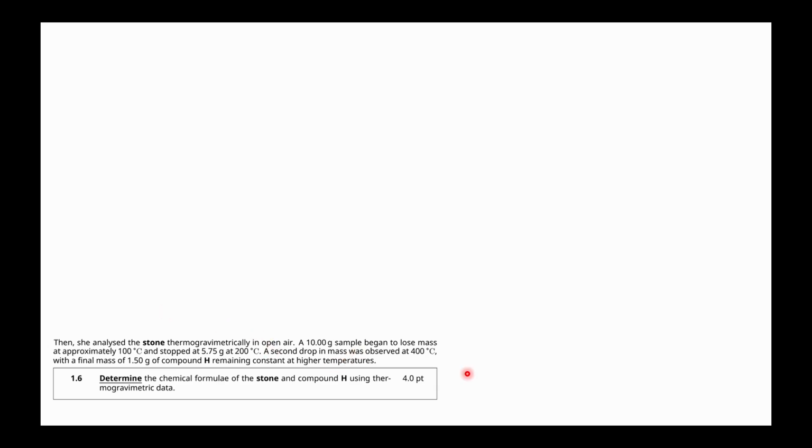A 10-gram sample, well, this time they gave you the mass, quite nice, began to lose mass at approximately 100 degrees, and that's because it loses water. So when you see mass loss at 100 degrees, think about water. Then a second drop in mass is observed at 400 degrees, and that's decomposition because you have a sharp temperature, and that suggests a chemical reaction happening.